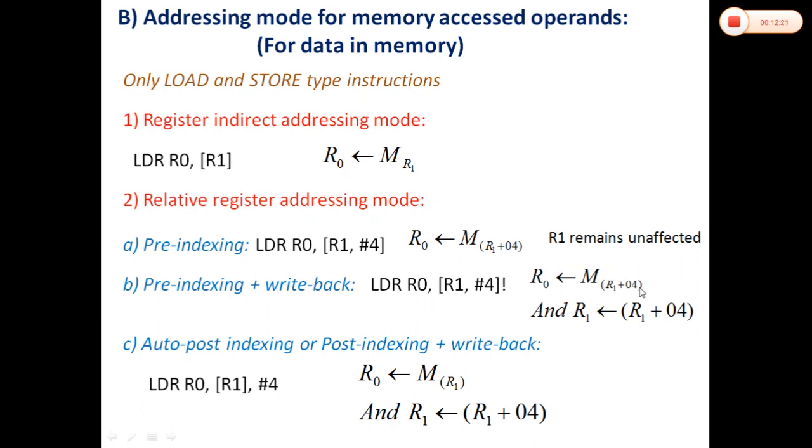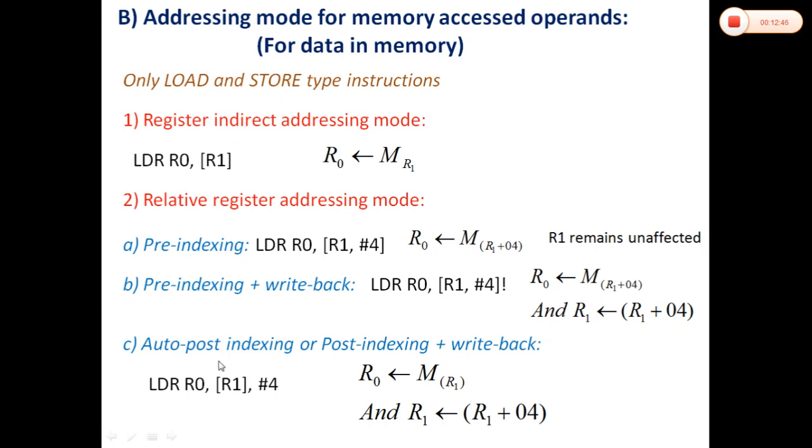This indexing is done prior to the copy of the data to R0, but after that the content of R1 is modified. This new address is put into R1, so R1 is altered, and this operation is called write back, and therefore it is pre-indexing plus write back.